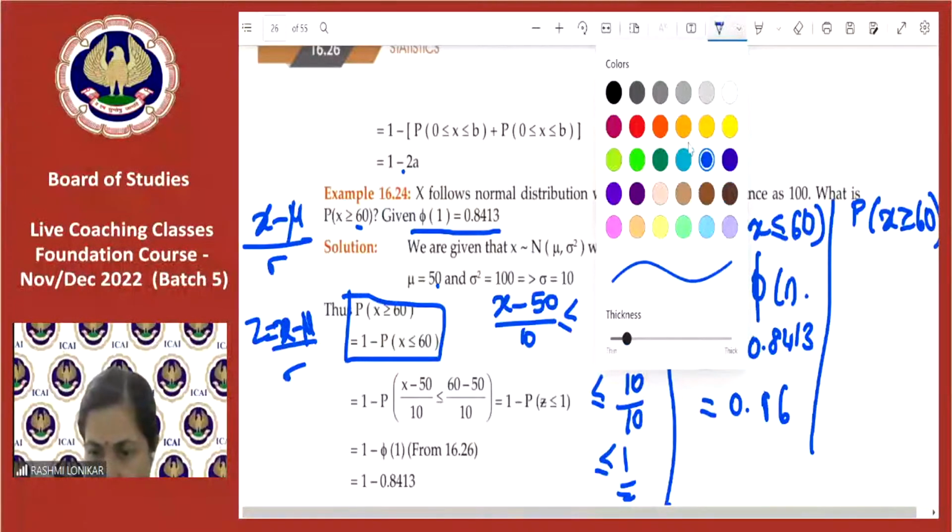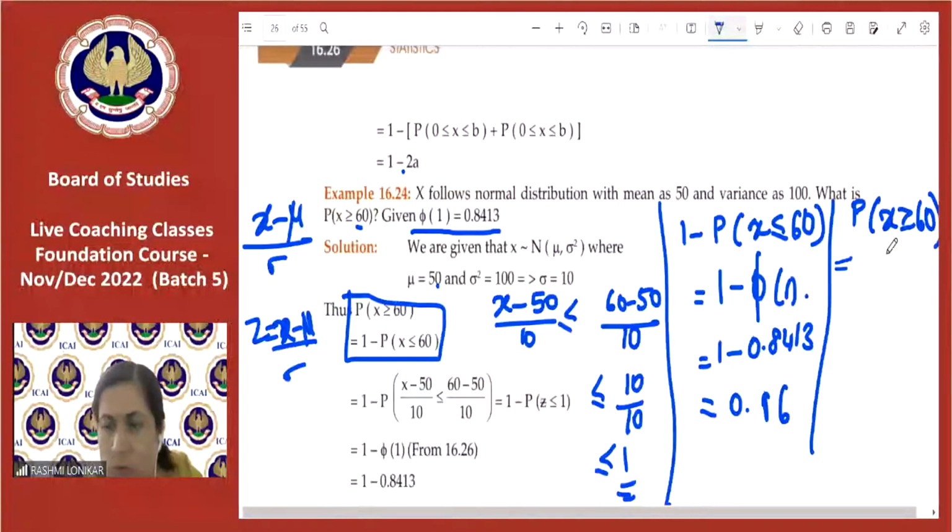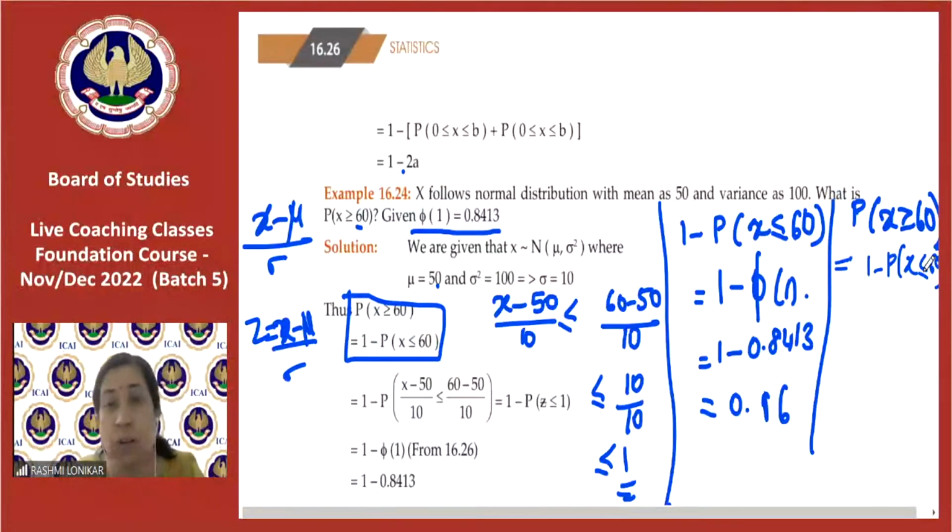X greater than 60 can be written as 1 minus P of X less than or equal to 60. Why do we do that? Because there is no limit to X. X will go up to infinity. Then I am faced with a problem of how to calculate. So instead of doing that, like we did in some probability, what do we do?